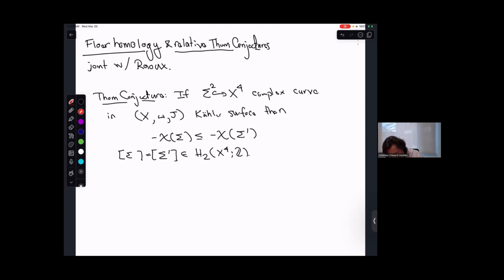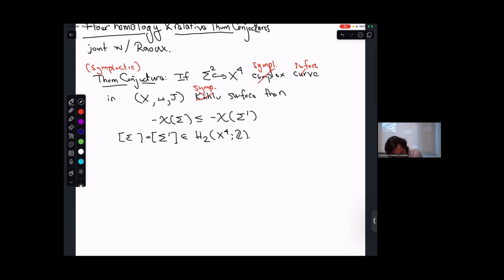And you can relax this and just look for a symplectic surface in a symplectic four manifold. This would be called the symplectic Thom conjecture. And this has a long history.